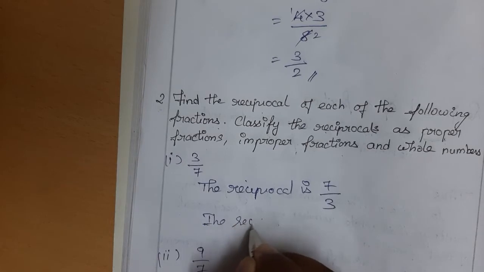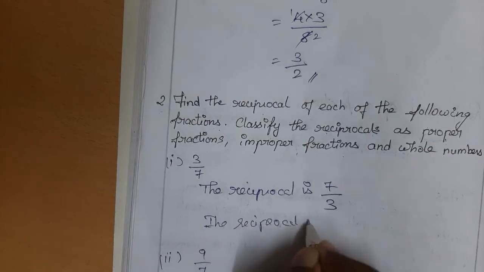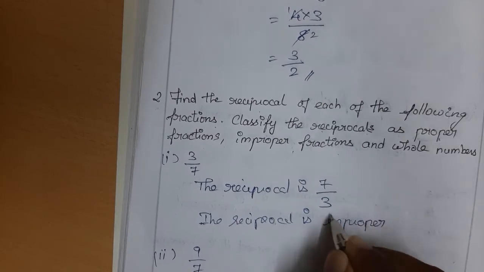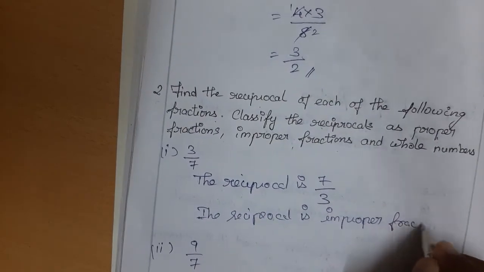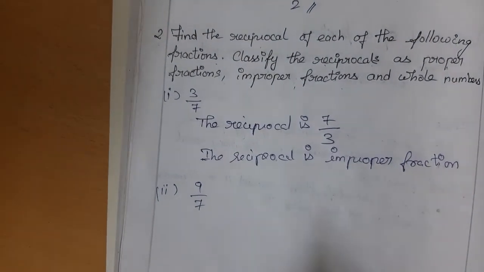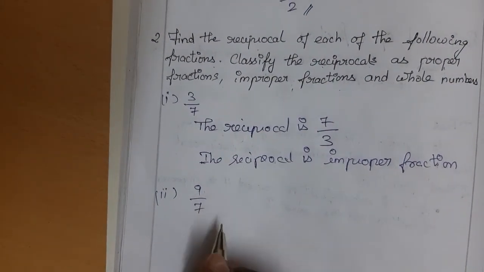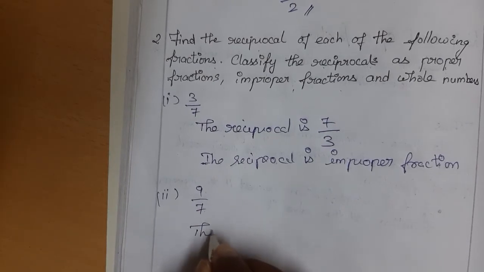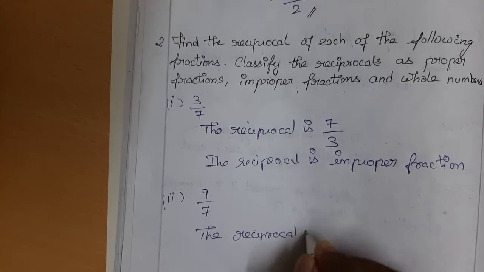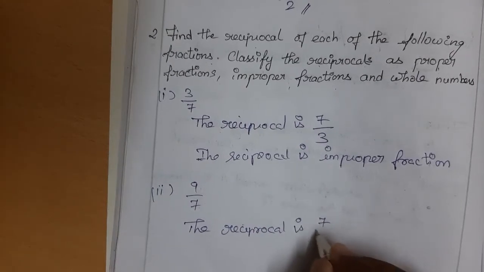The reciprocal is improper fraction, right? So next, 9 by 7. What is the reciprocal of 9 by 7? The reciprocal is 7 by 9.